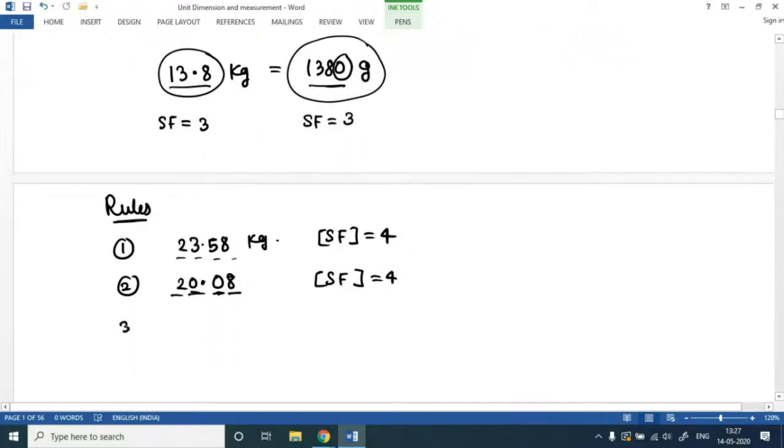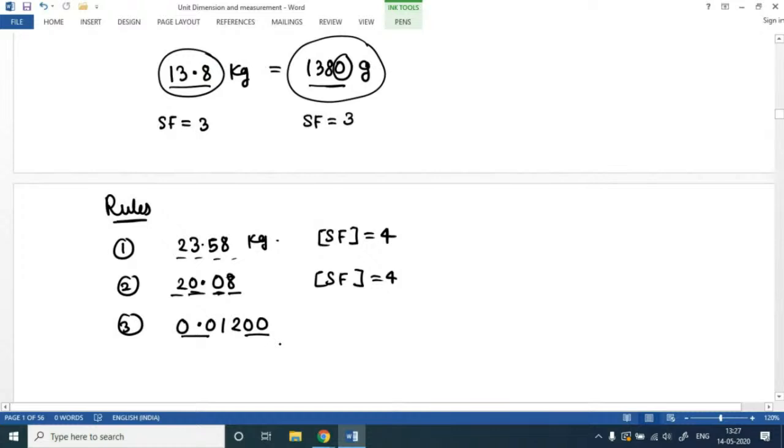The third rule here is, if a number is less than 1, for example 0.01200, something like this. In that case, we are always in a dilemma whether these zeros should be counted as significant or not.